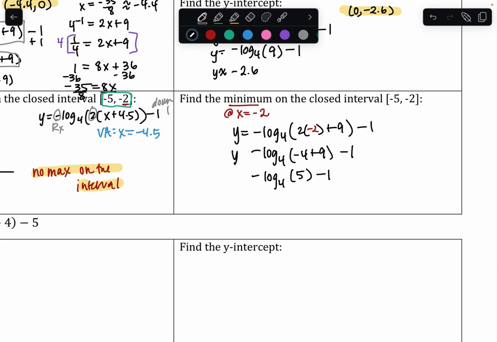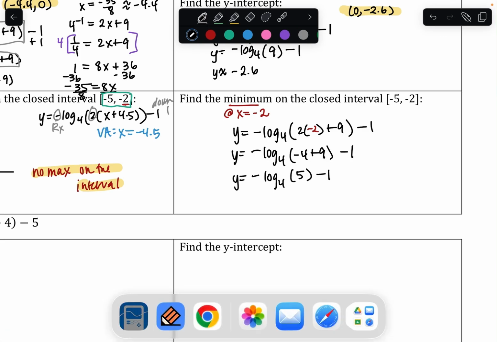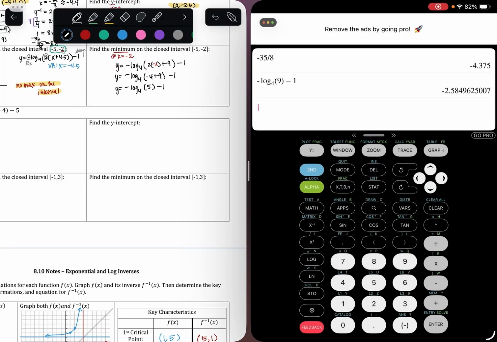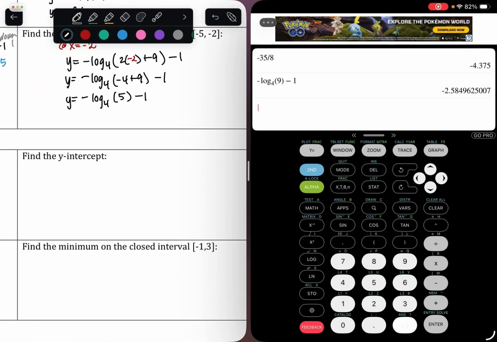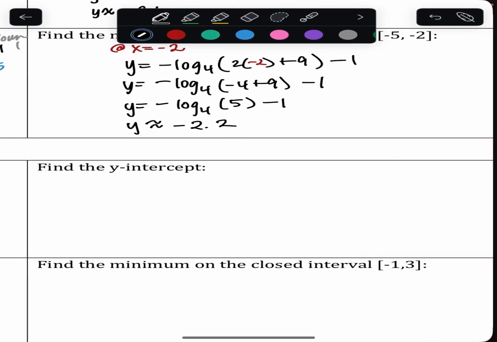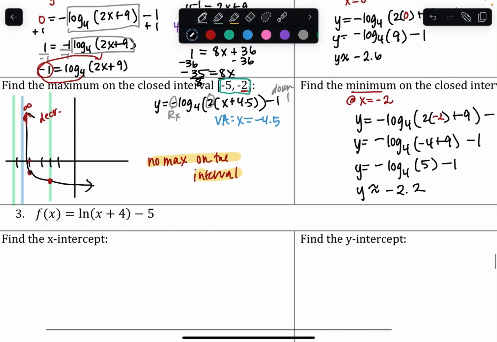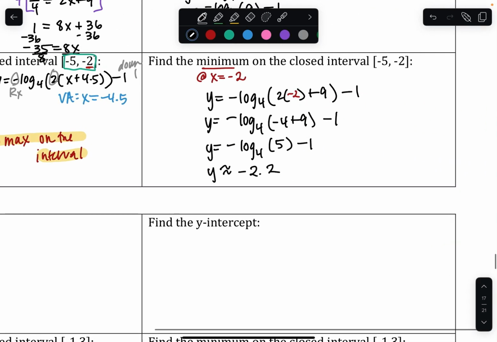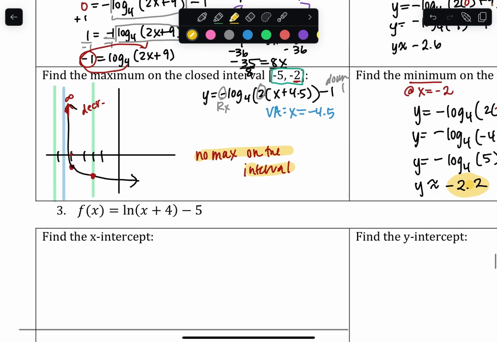And then because 5 is not a power of 4, we are going to use our calculator. So approximately negative 2.2. And looking at our graph, we can see it is negative, and so that makes sense. So your minimum value is negative 2.2, but there is no maximum.